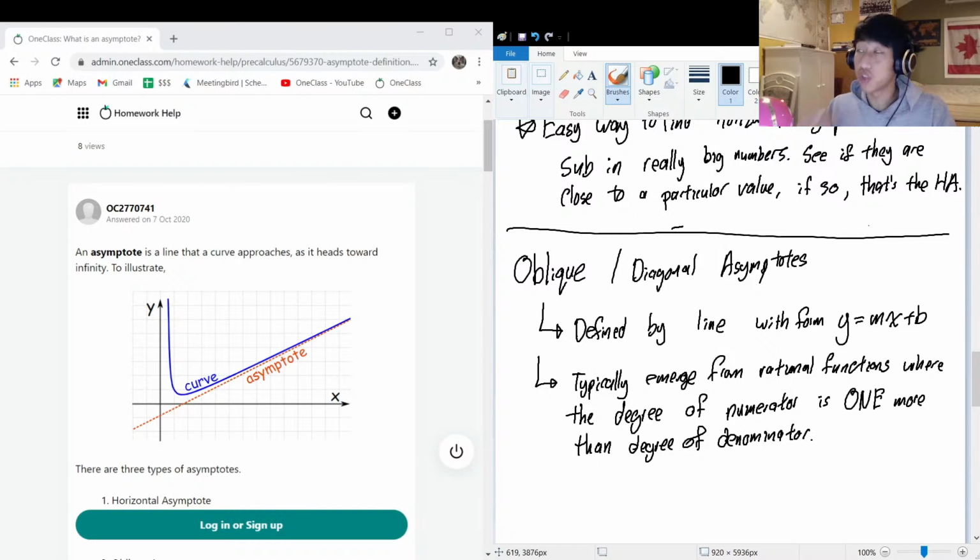The important part is that it's 1 more than the degree of the denominator.